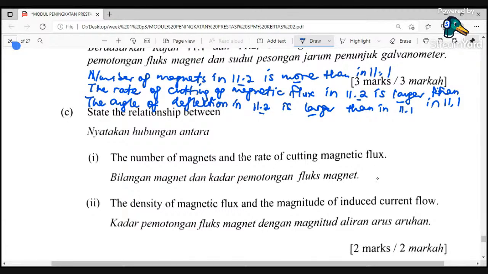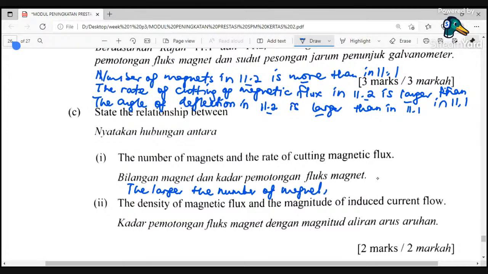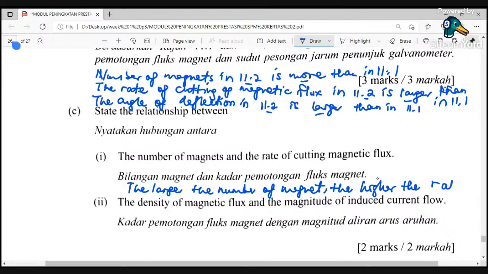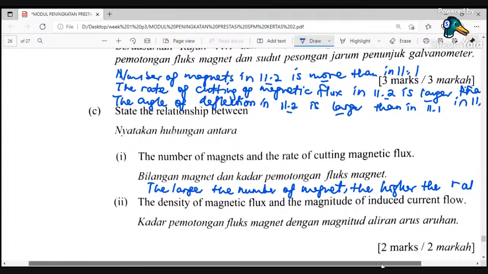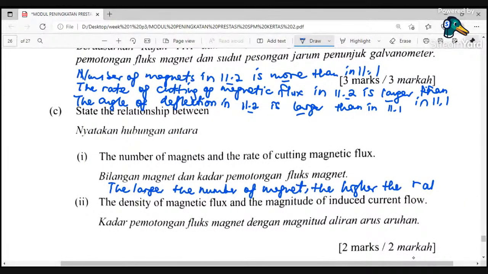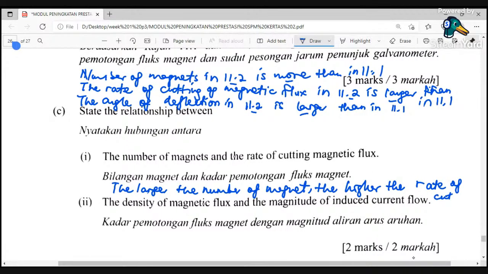So kita relate tulis the larger the number of magnets, the higher the rate of cutting of magnetic flux. Okay.